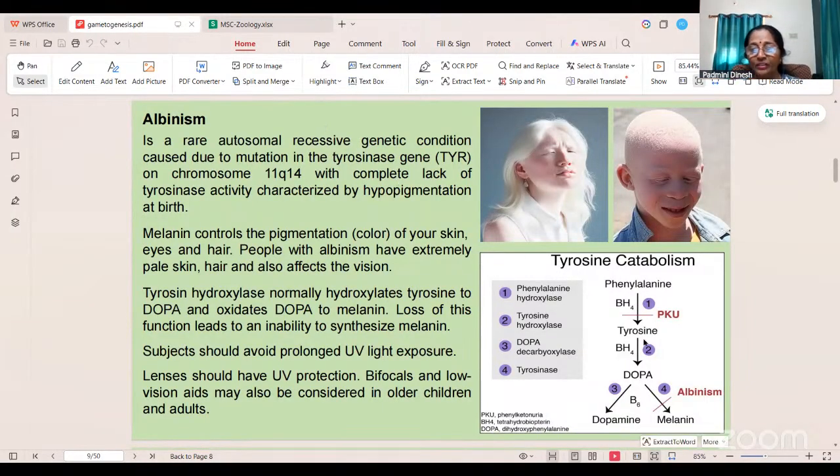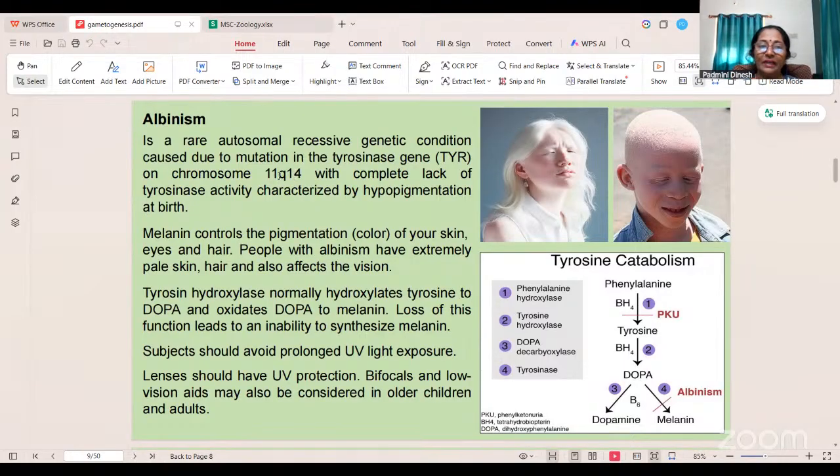Now, tyrosine has to be broken down to DOPA, that is, dihydroxyphenylalanine. From tyrosine, it has to be metabolized to DOPA with the help of the enzyme tyrosinase. Now, this is present on chromosome 11, Q arm, position 14.